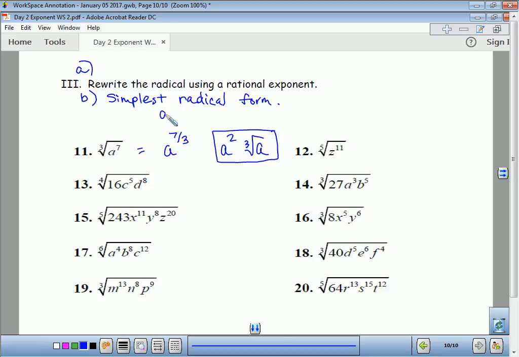So this would be your answer to part A. This would be your answer to part B, which I'm asking you to do. Okay? You do not have to do any more on the front, just the back.